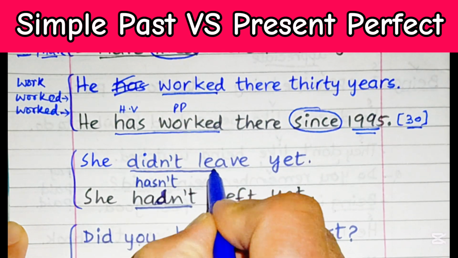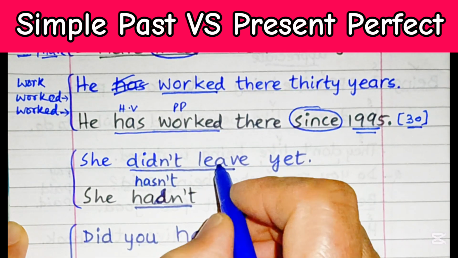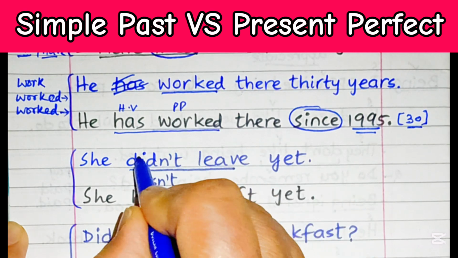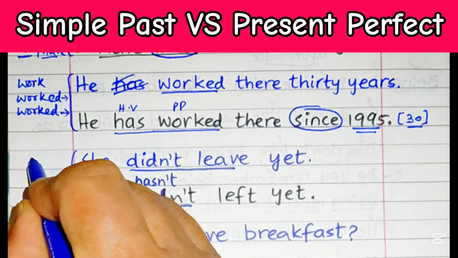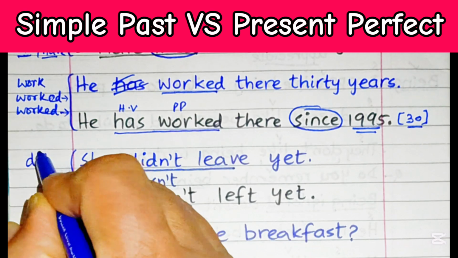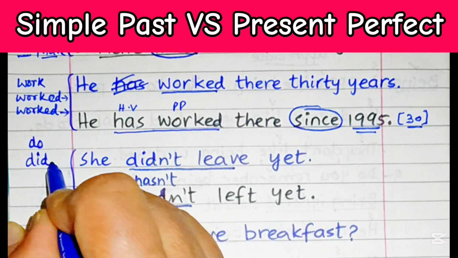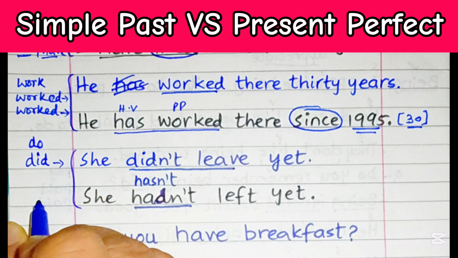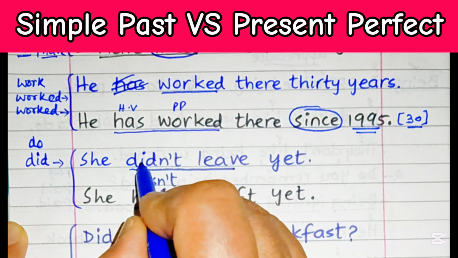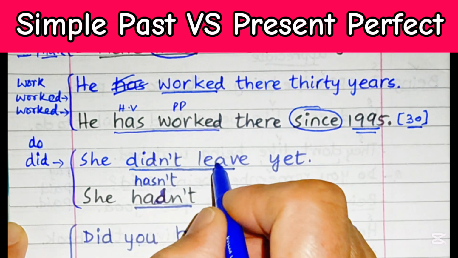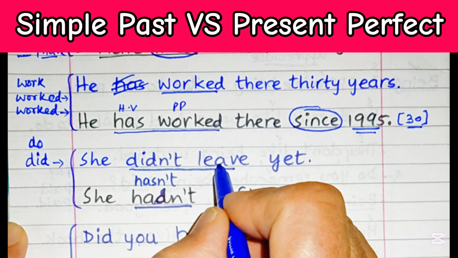Here, didn't leave. This is the helping verb over here, did. And we know that this is the past form of do. Do is the present or simple form, and did is the past form. So this shows the past form, did, and the main verb leave is in the simple form.